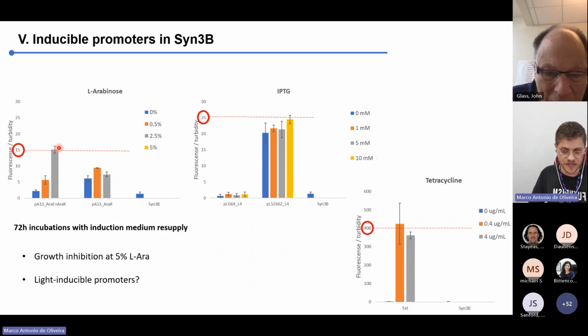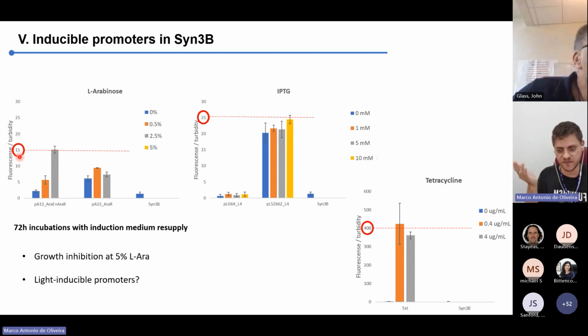But an important detail is that when we compare the fluorescence levels of the reporter to the already used tetracycline-induced promoter, you can see that this expression is very, very low. Here we have around 400 units, while here it is almost 30 times less than that.